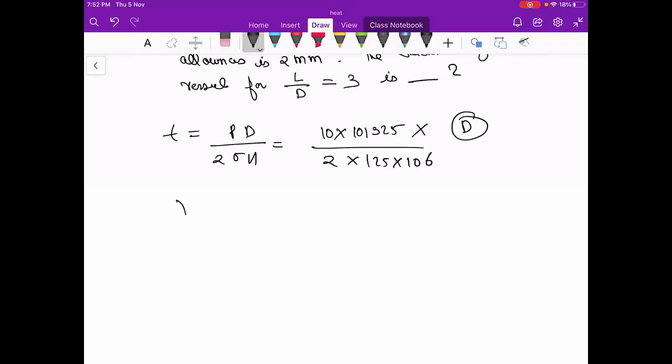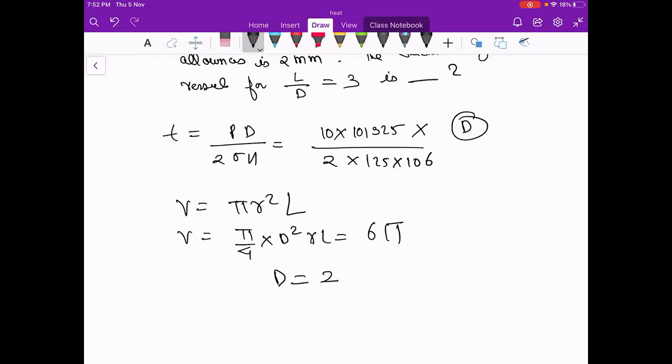It is given V equals to pi r square L, so V is pi by 4 into D square into L. They have given it is 6 pi. So from here, D equals to how much will it come? Calculate. They have given the ratio, so it will come 2.